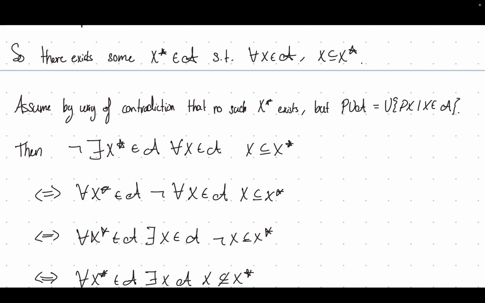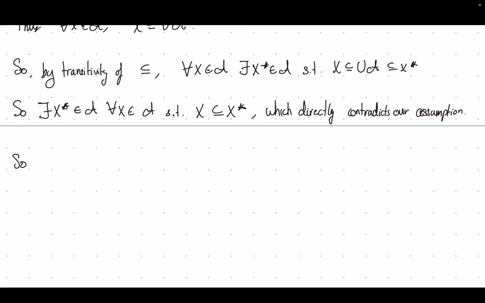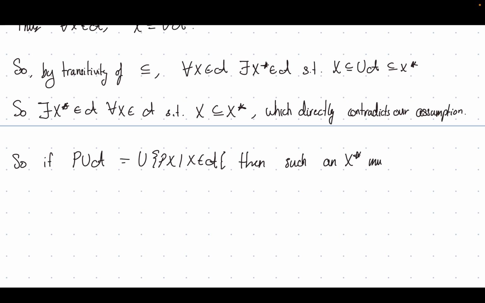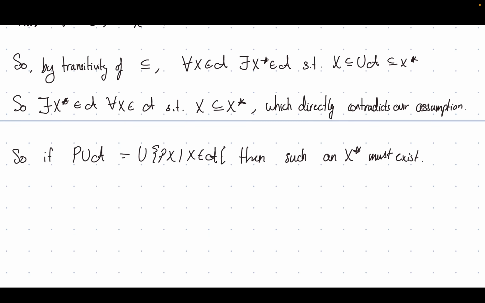So, if the power set of the union of A is equal to the union of P(x) such that x is in script A, then such an x star must exist. And maybe I didn't even actually need to do it by contradiction. Perhaps.